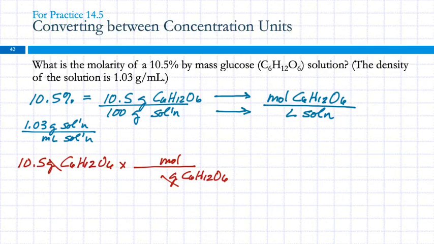Syntax error. Great. 180.156. So 1 mole, 180.2. So 10.5 divided by 180.2 is going to be 0.05868 moles. There's my 3 sig figs.